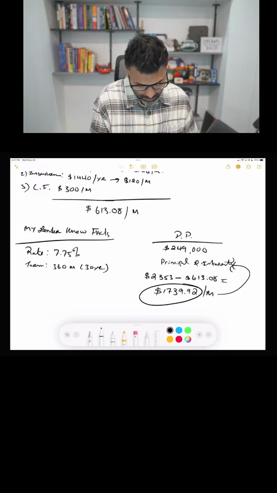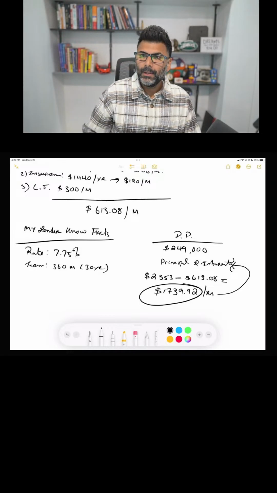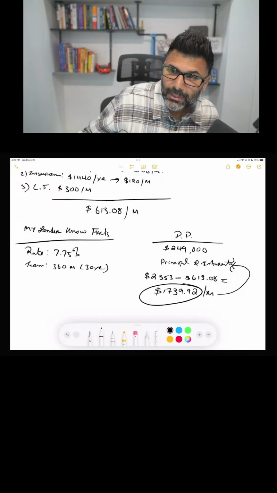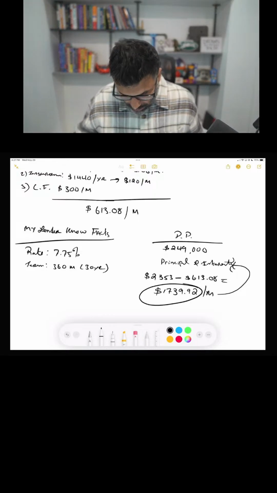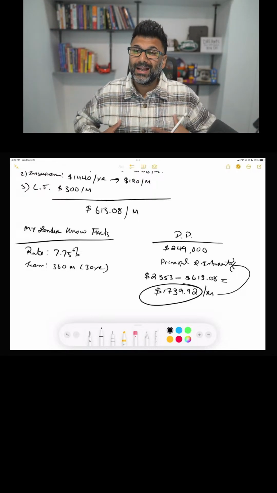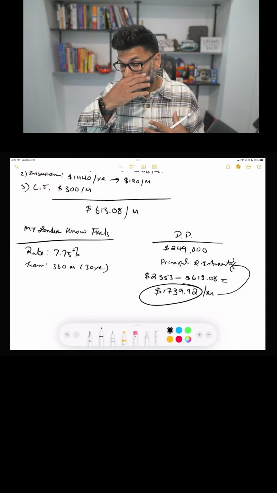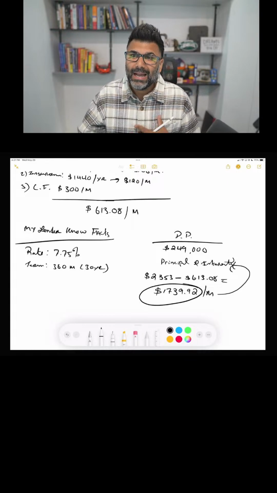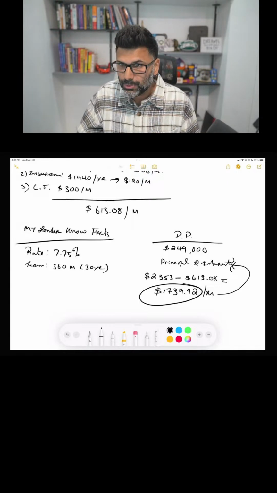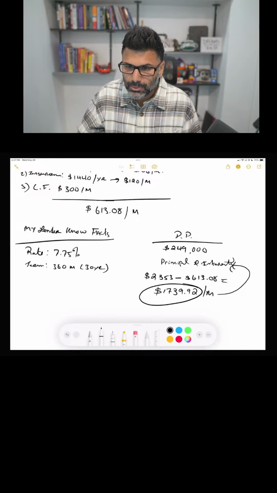Make sense? So now what we have to do is in order to arrive at the purchase price, I like to use an amortization calculator. It's called the 10BII calculator. So I'm going to show it to you.